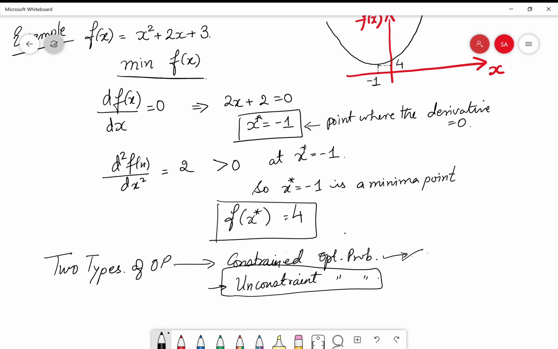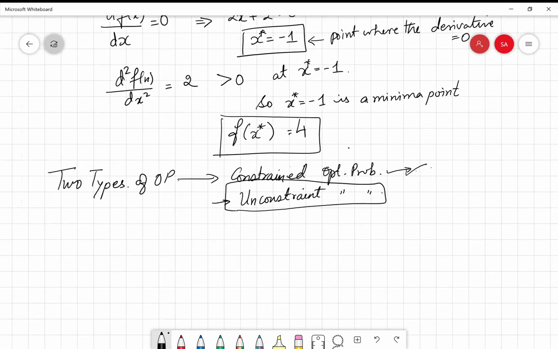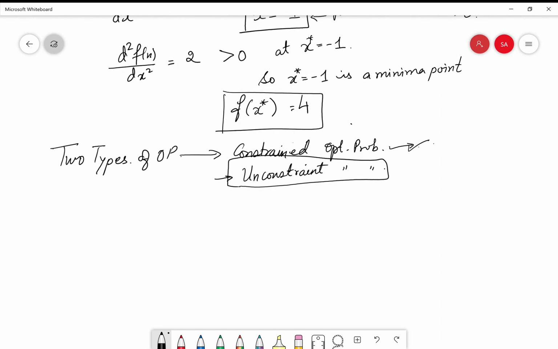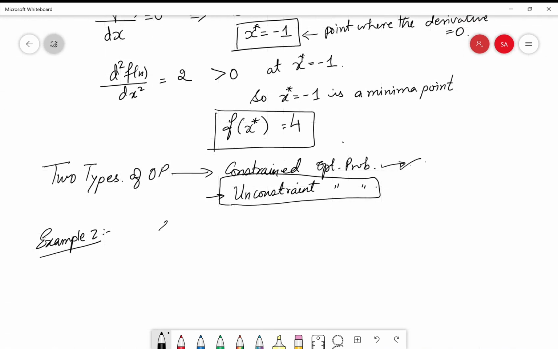So let's take another example to show what a constrained optimization problem is. Suppose example number 2 is, suppose I again want to minimize this function f of x, we'll take the same function. f of x is x square plus 2x plus 3, and let's try to minimize this function f of x for all values of x which are, let's say, greater than or equal to 0.